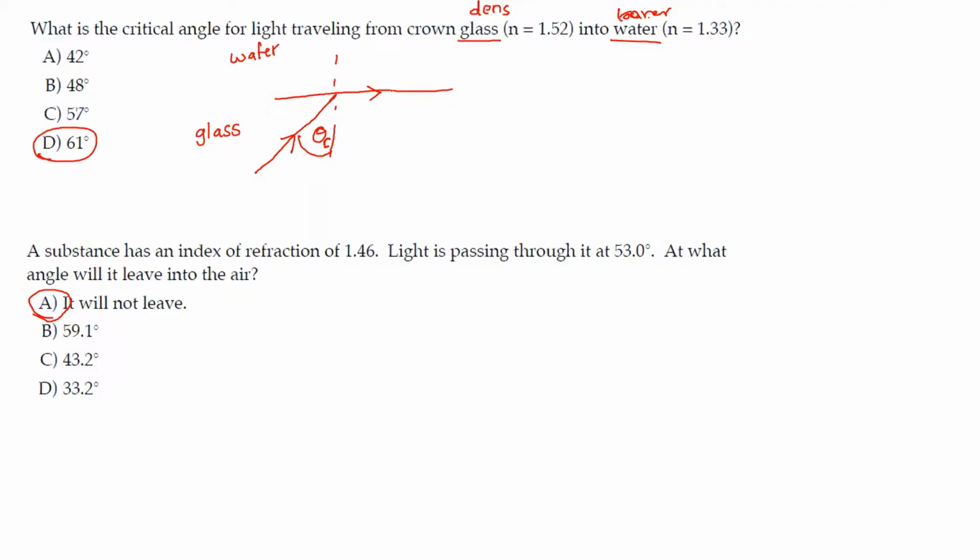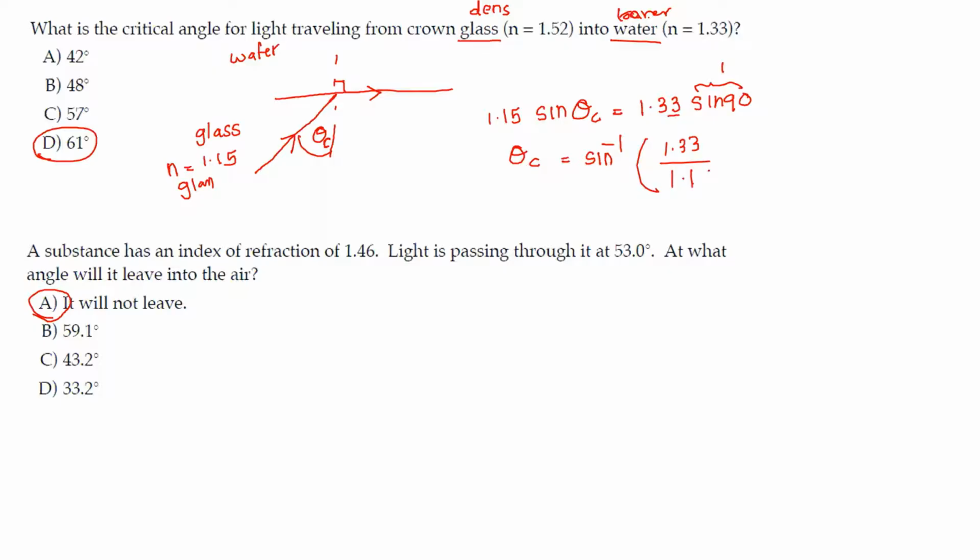At the critical angle, the refracted ray is at 90 degrees. So I draw this and quickly put in Snell's law. In glass the index is 1.15, sine critical angle is equal to, in water, 1.33 times sine 90, which is 1. So my theta C is sine inverse of 1.33 divided by 1.15.